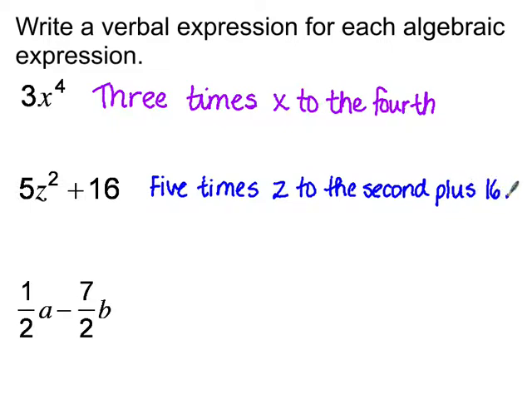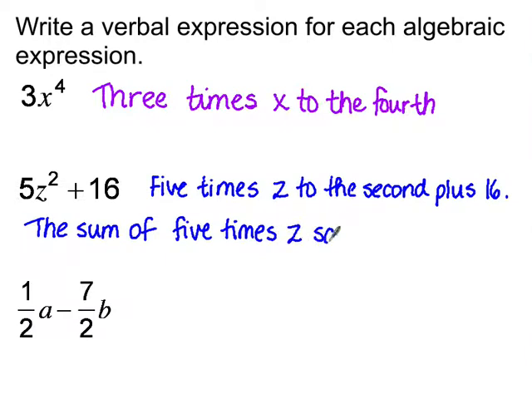There's another way I could do that. Okay. We'll see how well you get this one. Okay, let's look at that. The sum of 5 times z squared and 16.